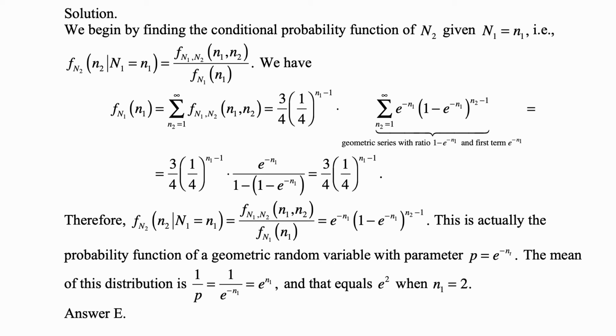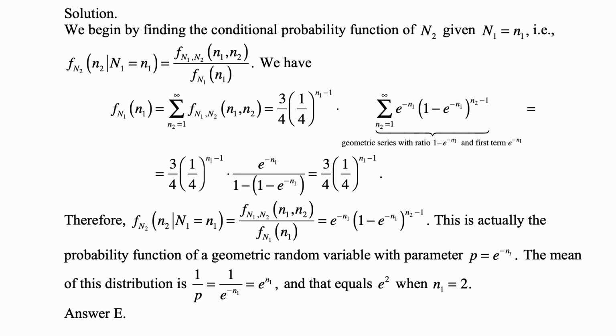Therefore, f sub N2 of N2, given that N1 is equal to N1, which is the joint probability function divided by the marginal of N1, well, we divide them, and what we get is e to the minus N1 times 1 minus e to the minus N1 to the power N2 minus 1.